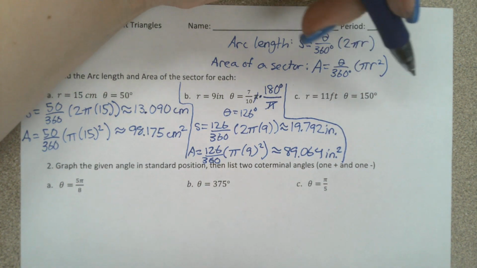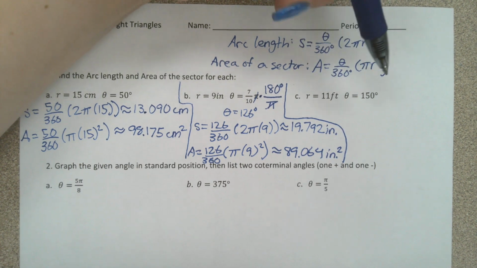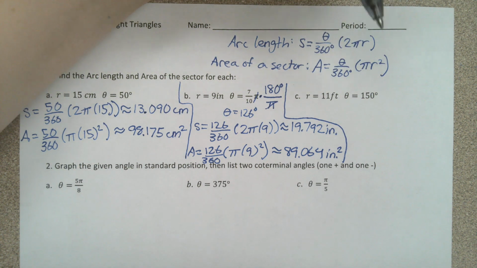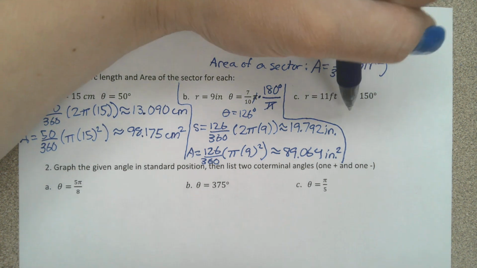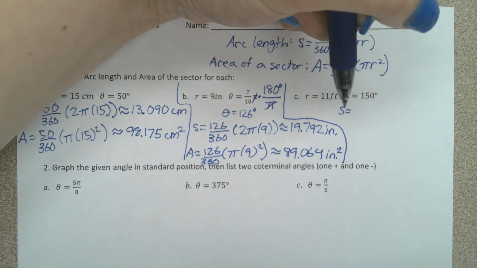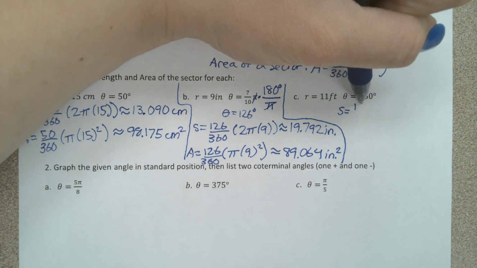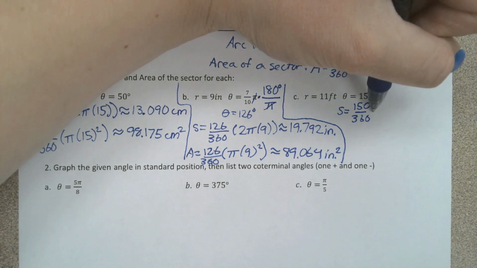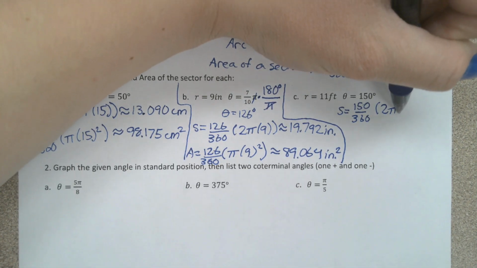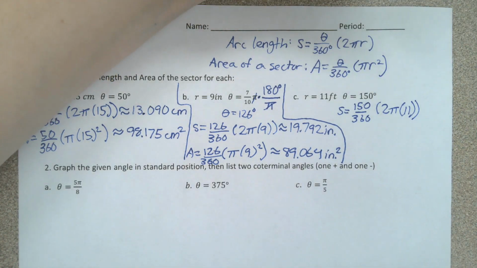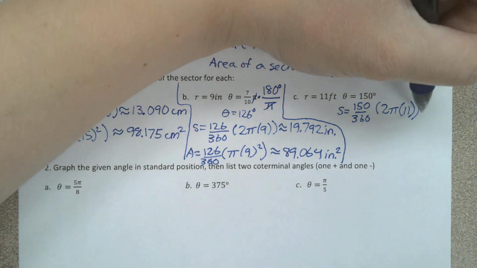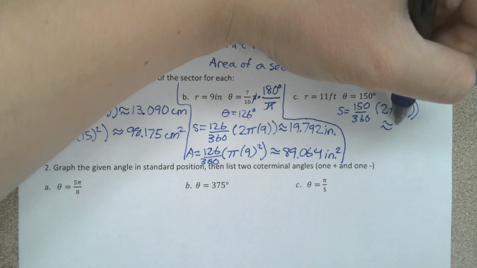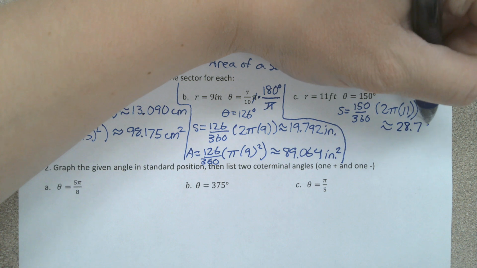Lastly, C. This one's already given in degrees, so we don't have to do any extra work here. Just plug in our numbers and get our answers. S equals 150 over 360 times 2 pi r is 11. And that's going to give us 28.798.